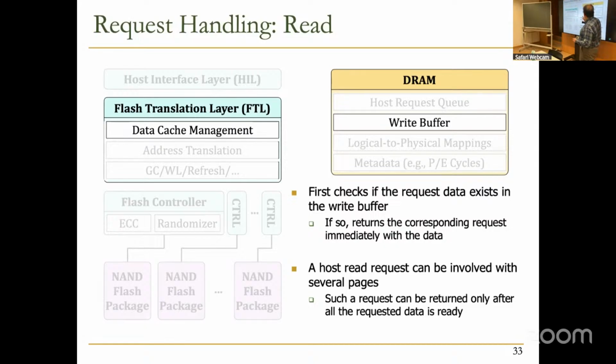That's a very important thing, because you might be able to service the first 2 pages very quickly through the write buffer, but for the other pages, you need to wait anyway. That also helps you understand how we can do some scheduling technique, because if I have to wait anyway, then maybe storing those kinds of pages in the write buffer is not needed much, that's not going to be helpful for you.